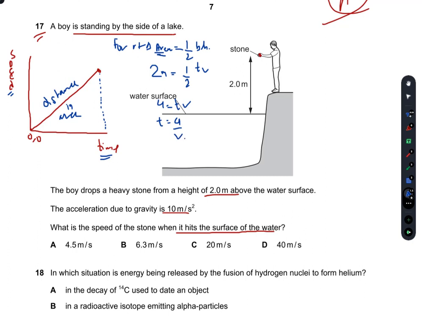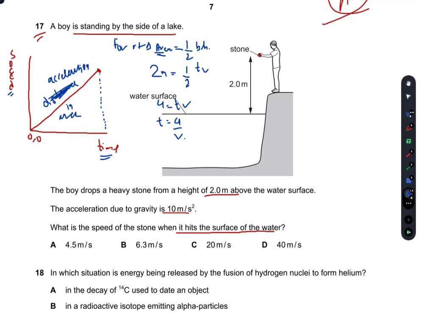Now the slope of this graph will give us the acceleration, and the area under the graph would give us the distance covered.